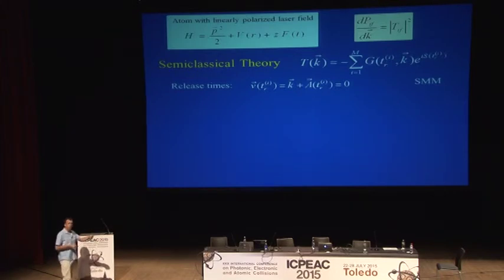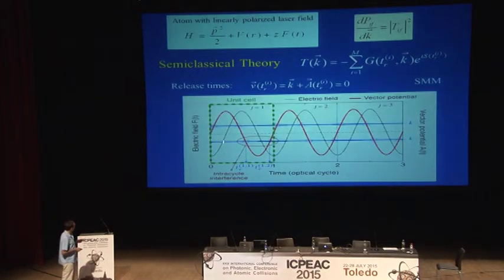Let me now show you one simple example for one sinusoidal electric field here in black. But what is more important is the vector potential here in red. So every time that the vector potential crosses the line minus k, we have a solution. So we can observe two solutions per optical cycle or unit cell, these two here.